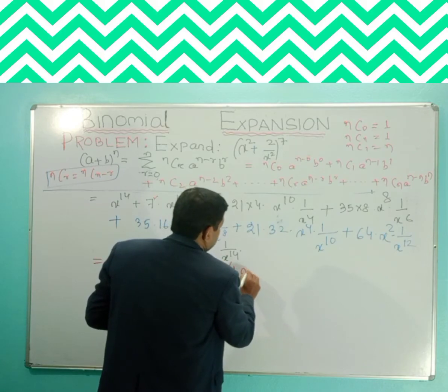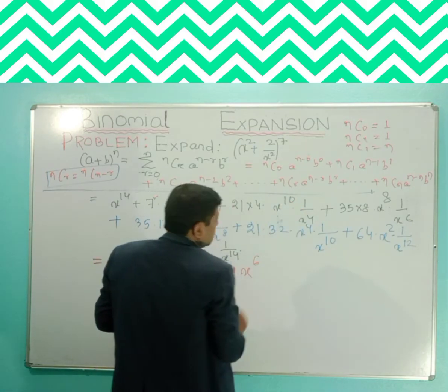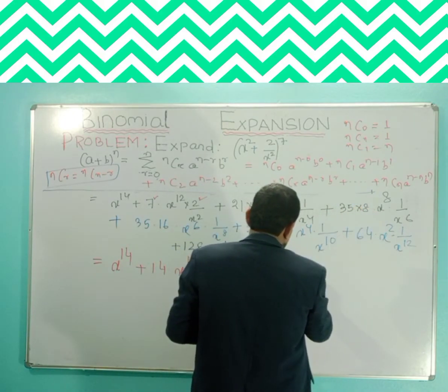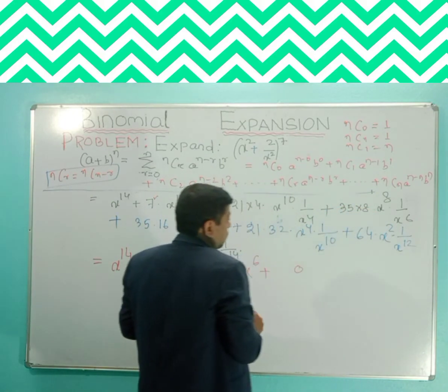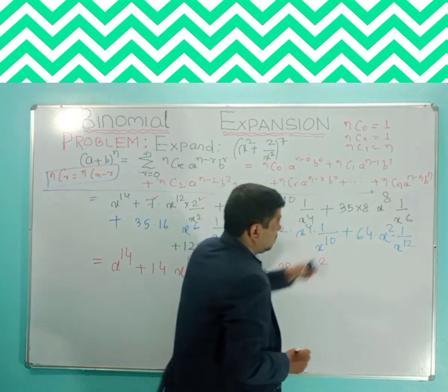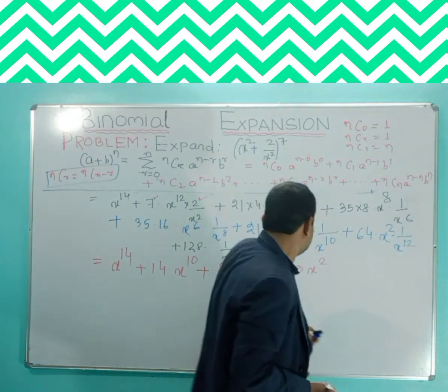Yes. X to the power 10 minus 4 is 6. Okay. Plus 35 and 8, 8 5 is 40, 0 carry 4, 8 3 is 24 plus 4, 28 into x to the power what? 2, because x to the power 8 by x squared, 8 minus 6 is 2.